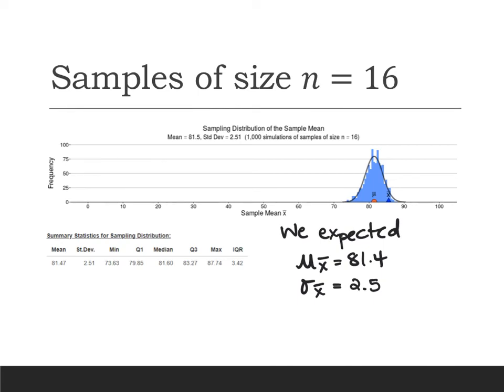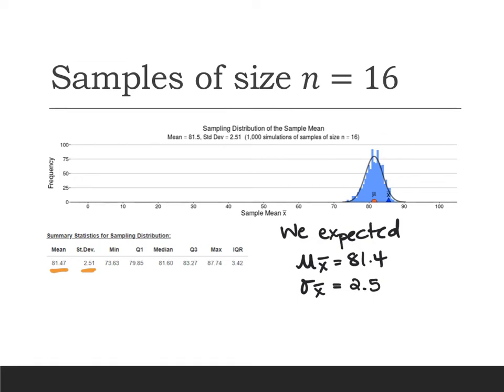So what we expected from the previous slide was to have a mean of 81.4. It was just slightly higher at 81.47, but again, it's still super close to what we expect.